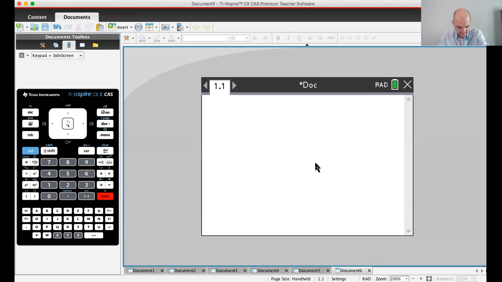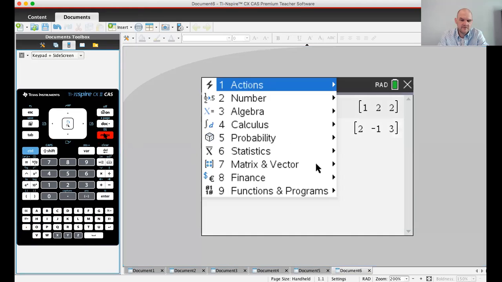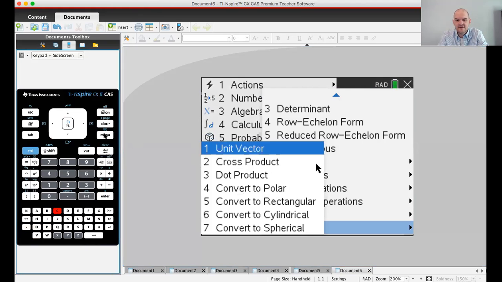All right, let's see. So V is going to be the vector 1, 2, 2, and B is going to be the vector 2, -1, 3. For the component, I'm going to do the component of B along V, right? So that's going to be a dot product. So menu 7, C, 3.